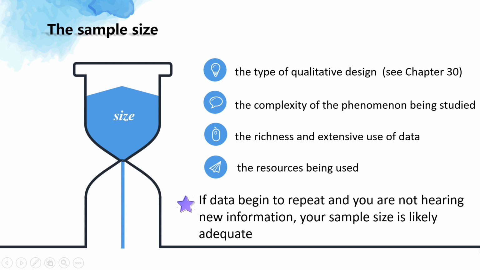When you're collecting your data, pay close attention to whether and when you begin to hear the same data from participants over and over again. In qualitative research, the idea is to explore a topic in depth. If data begins to repeat and you are not hearing new information, your sample size is likely adequate.